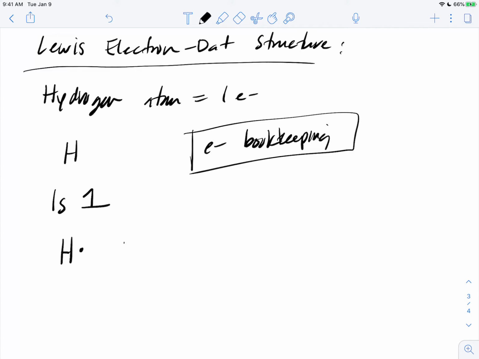So if we have another hydrogen atom that also has an electron, those can form a chemical bond, and we can represent that chemical bond by showing electrons being shared. What we would say is that each hydrogen atom shares both electrons.